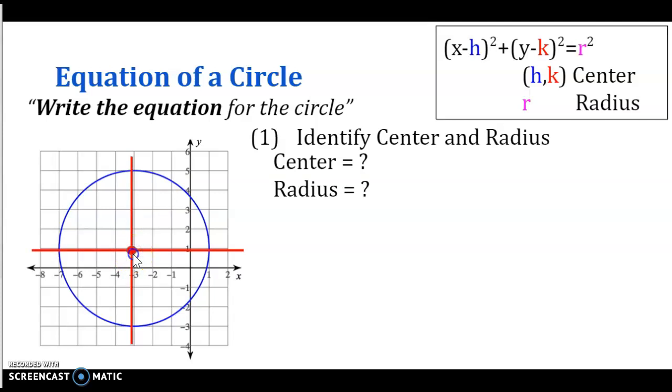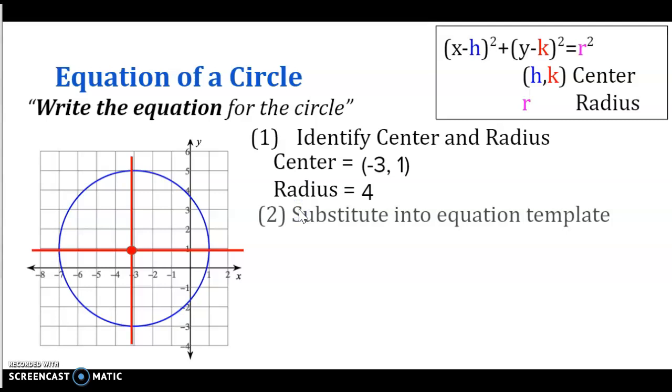Okay, so the center will be negative 3, 1, and the radius is how far from the center to the circle. So we count these units, and in this case we have 4 units. Then we substitute these values into the equation template.